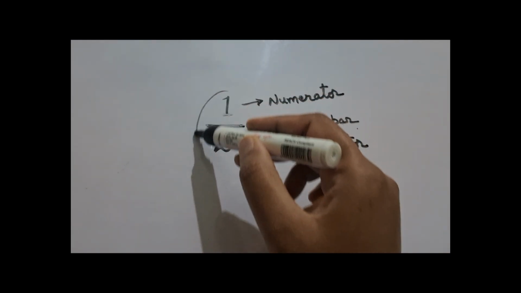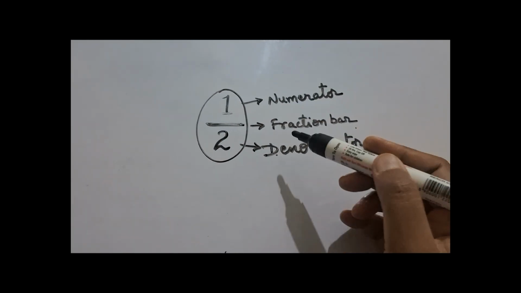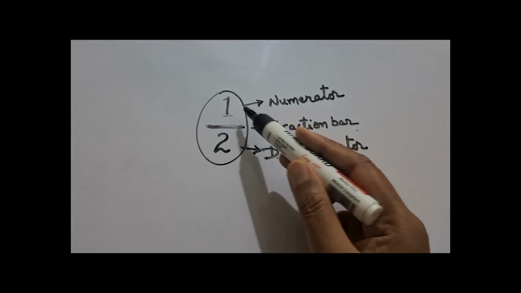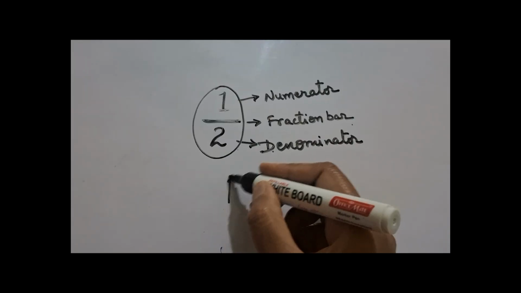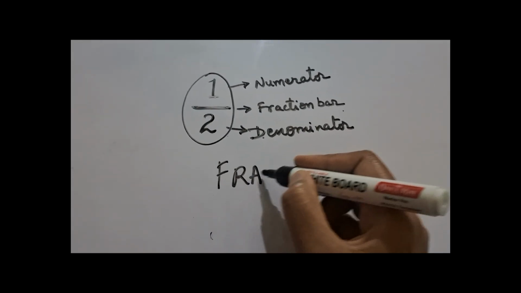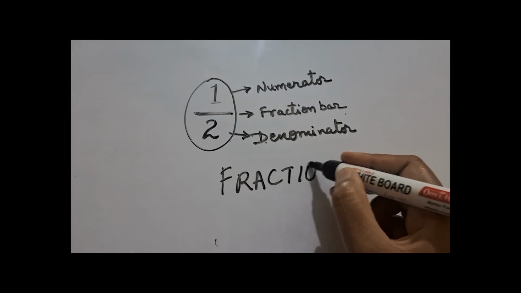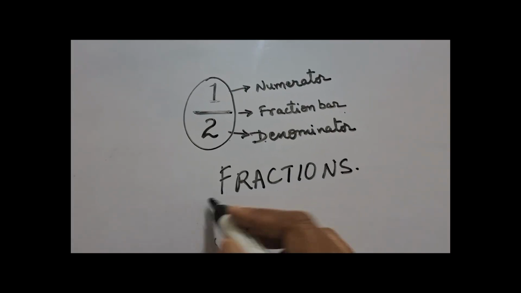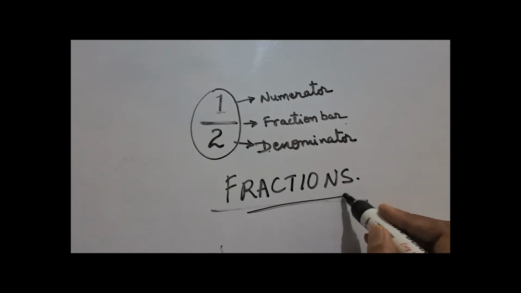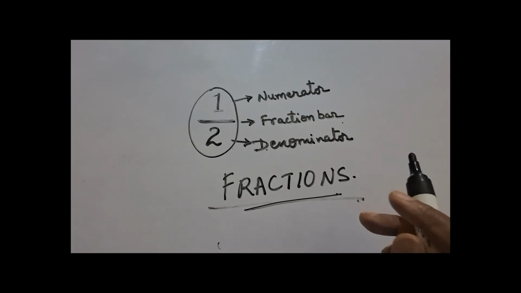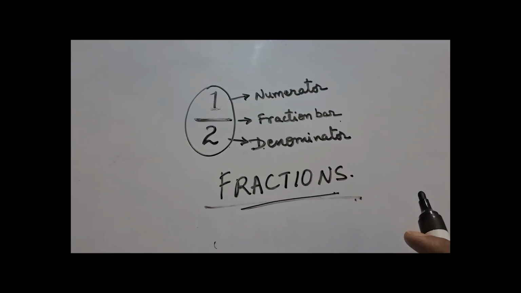And numbers like this, using a numerator and denominator, are called fractions. Okay, children? So, fractions are the numbers used to represent a part of a whole.